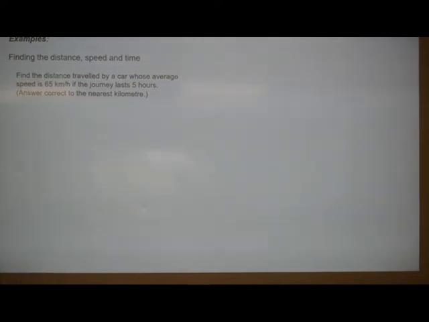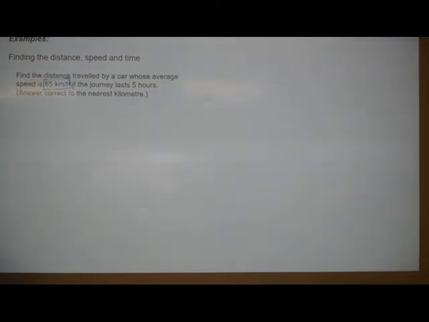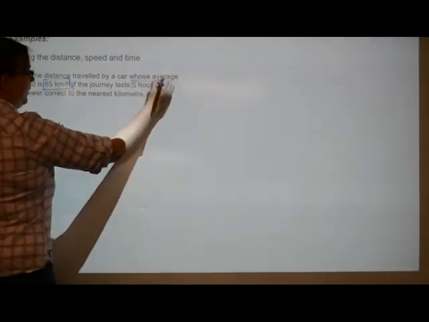So with this question, ladies and gents, there are two really important bits of information. Well, there's four, but two really important bits that we cannot do this question without. One of those bits is the 65 kilometres per hour, and the other bit here is the 5 hours.